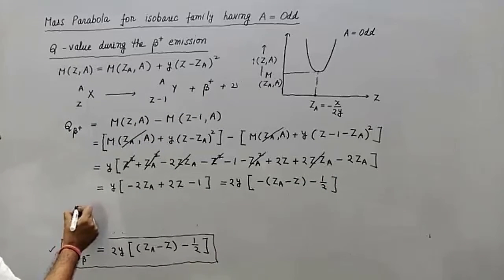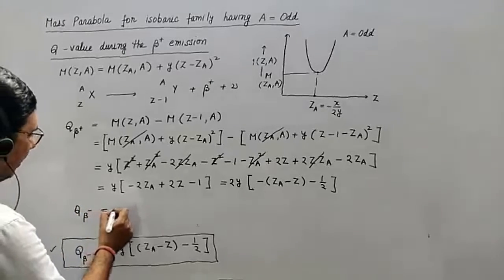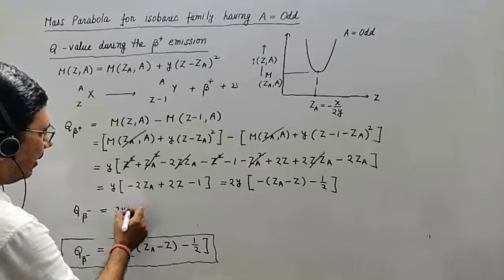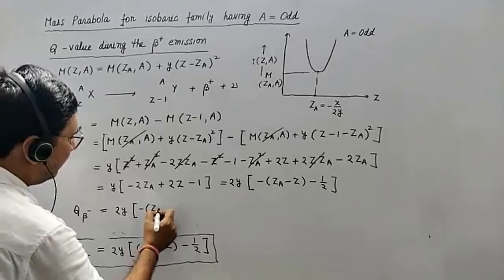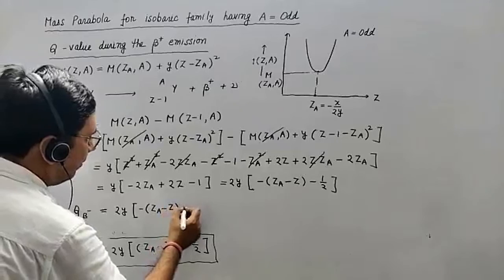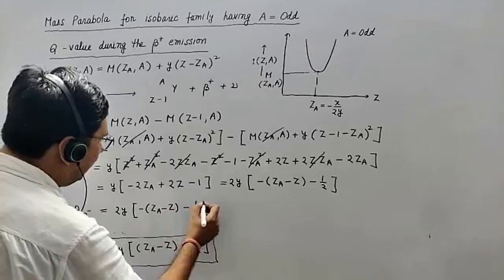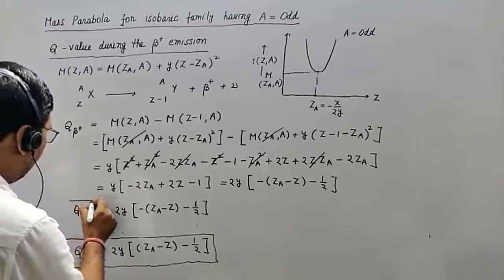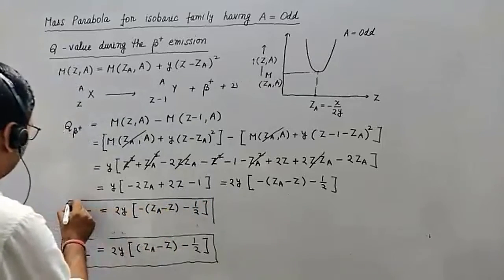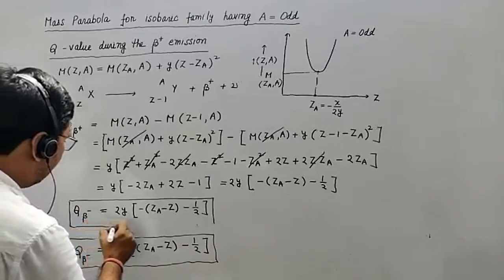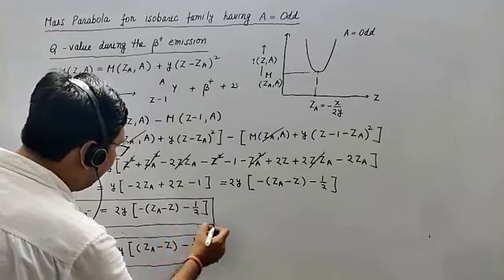So this is Q beta minus. What is the formula for Q beta minus? Q beta minus is equal to 2Y (ZA minus Z minus 1 by 2). This is the formula for the Q value of the beta minus emission process in an isobaric family.